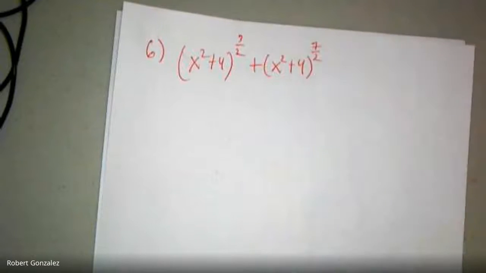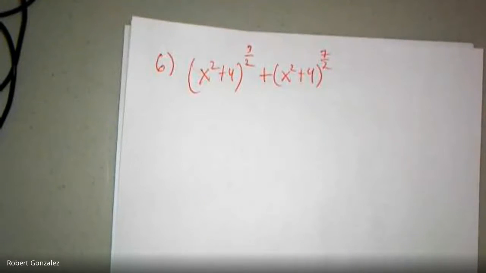All right. It's parentheses x squared plus 4 parentheses to the power of 3 over 2, and then plus parentheses x squared plus 4, and then to the power of 7 over 2. Okay. Just so you know, we read parentheses as the quantity of.